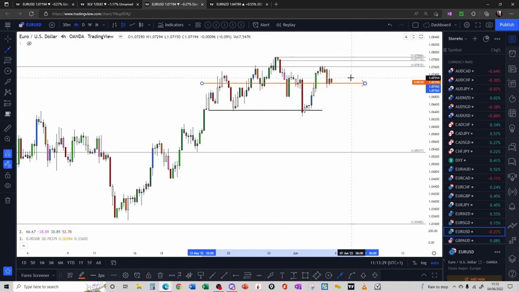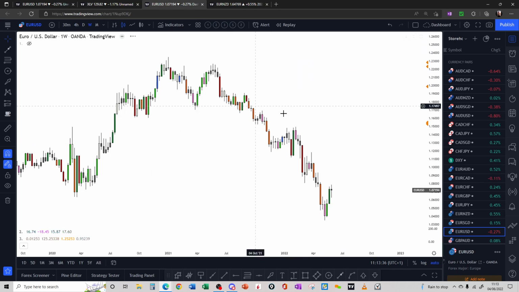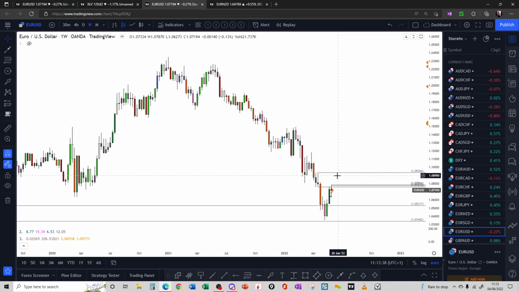So potential distribution, and if it fails, this thing could go up, and that will be the failure of that weekly uptrend. If it starts getting above 109.36, it could go a bit deeper in and then fall, but definitely not an area to be looking to go long.